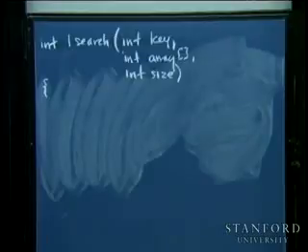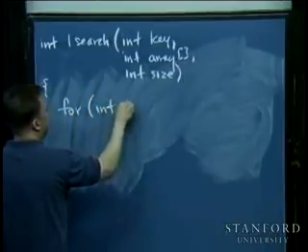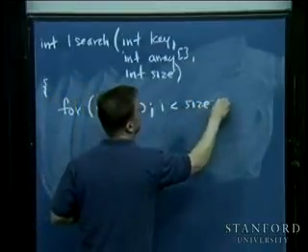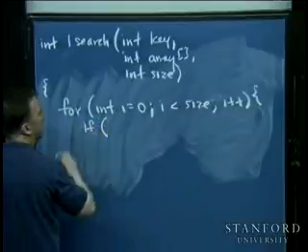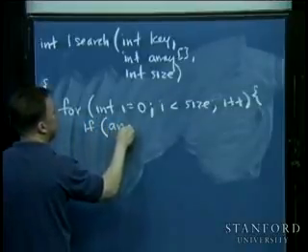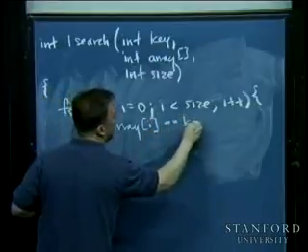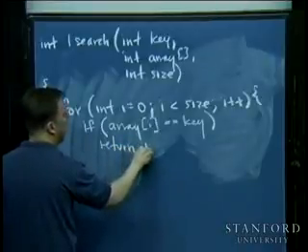So algorithmically, this is very 106A. What I want to do is this. I want to be prepared to exhaustively loop over everything. But if along the way I happen to find array of i matching this key, I want to go ahead and return what I turned out to be.